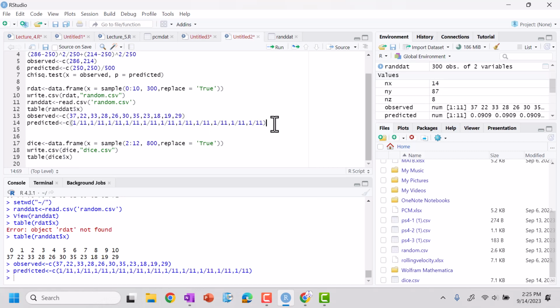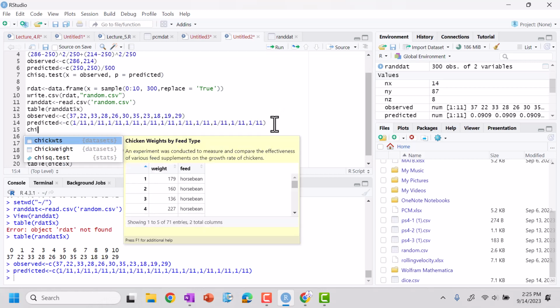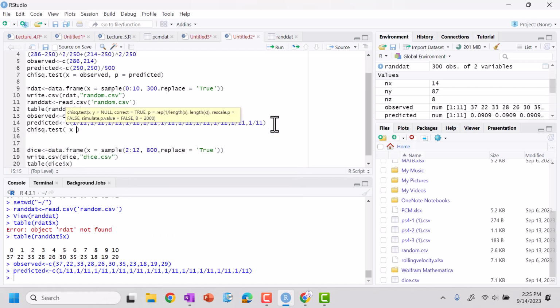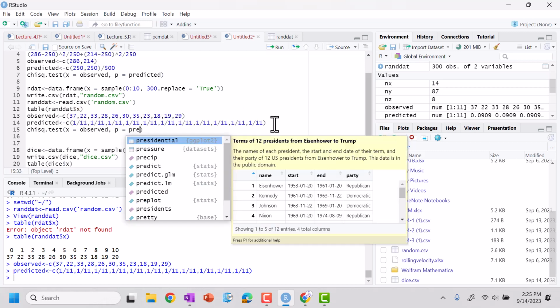So we've got observed, we've got predicted, and then for the chi-square test we say x equals observed, p equals predicted.